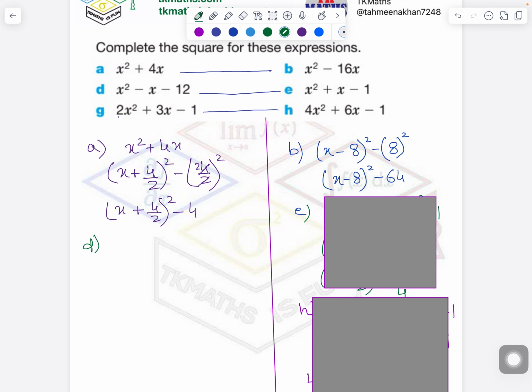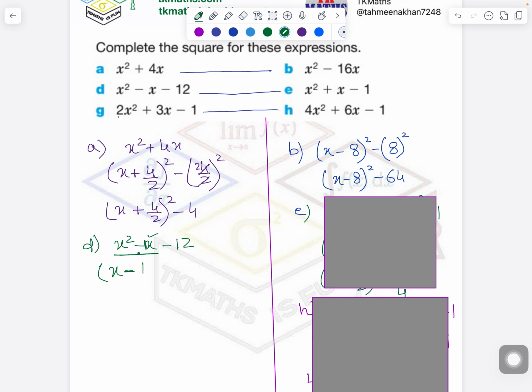Now let's do part D. It is x² - x - 12. To change this into the completing square form, we need to focus on the x² term and the x power 1 term. The constant we will keep there as it is. So it will be x minus, because this time the sign is minus, the coefficient of x power 1 is 1.